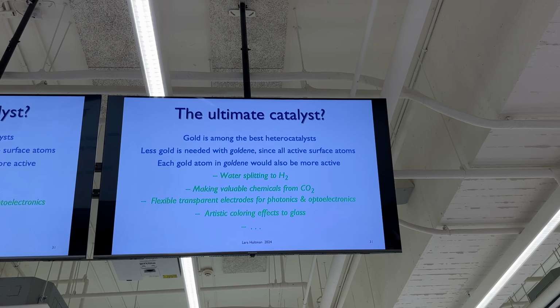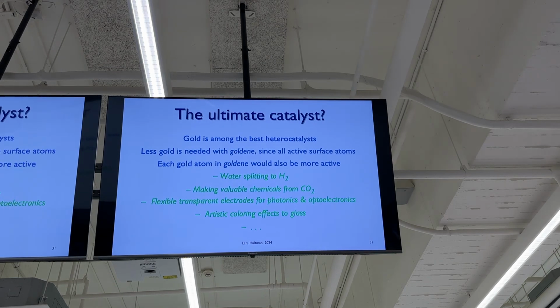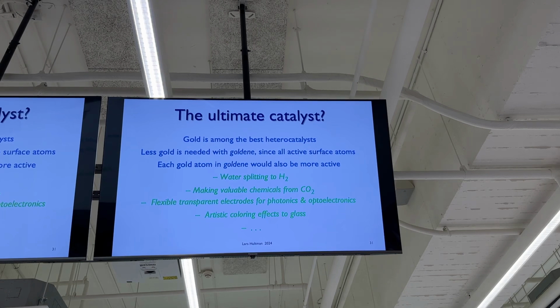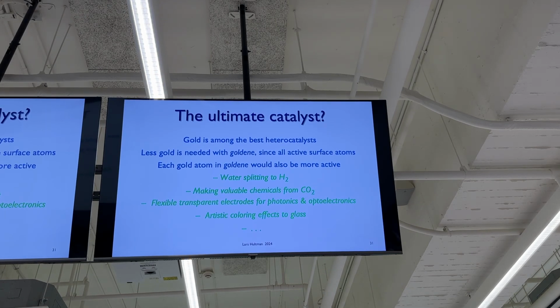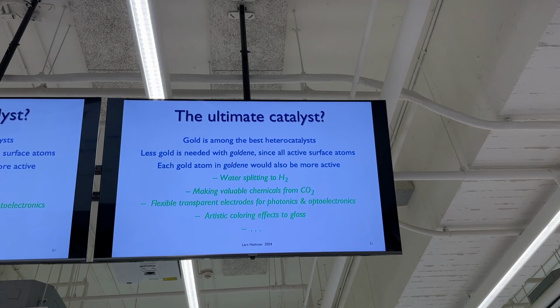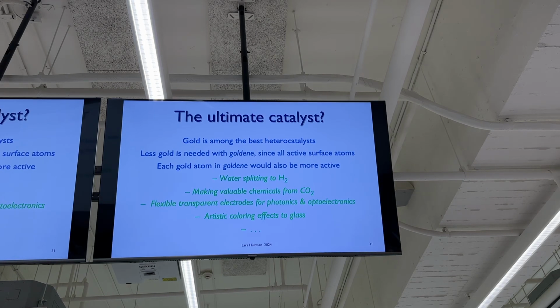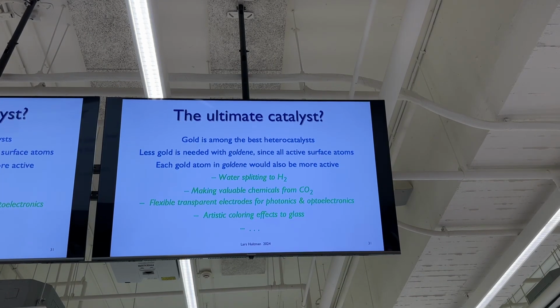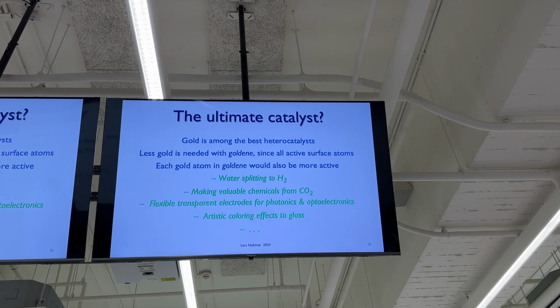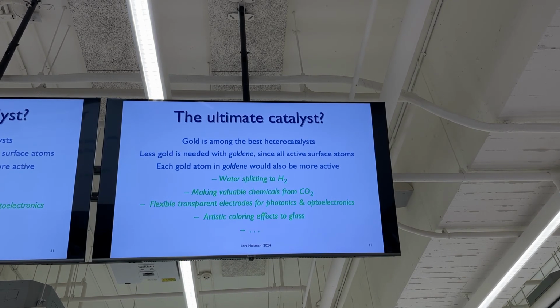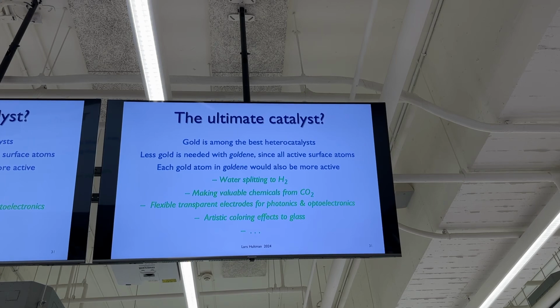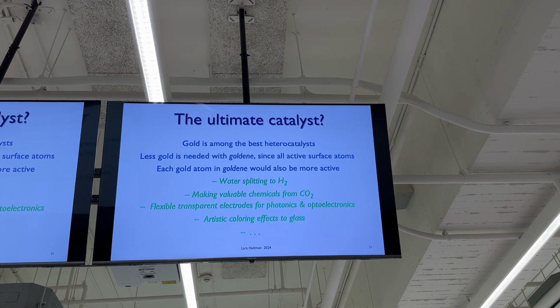Gold is already among the best heterogeneous catalysts, however expensive. Now less gold would be needed with goldene, since all the goldene atoms are surface atoms, and it is always a surface atom that is active in catalysis. Possibly, each gold atom in goldene would also be more active because of this change in bonding energy.